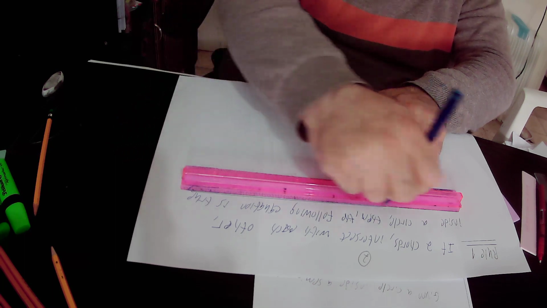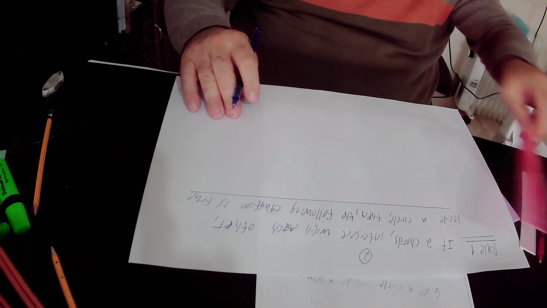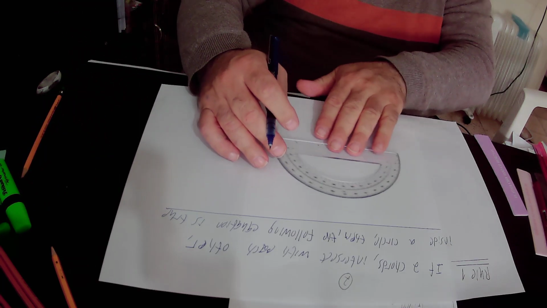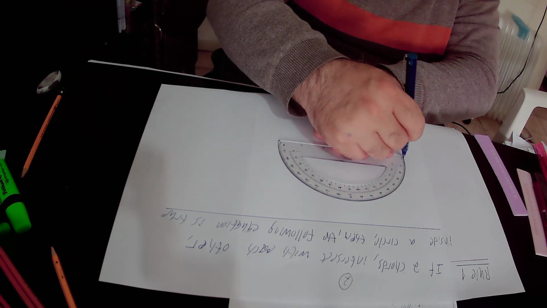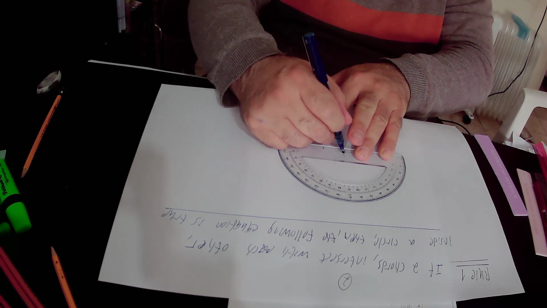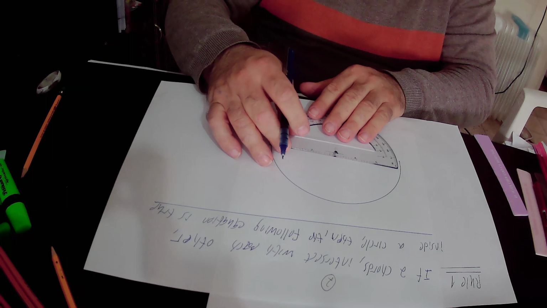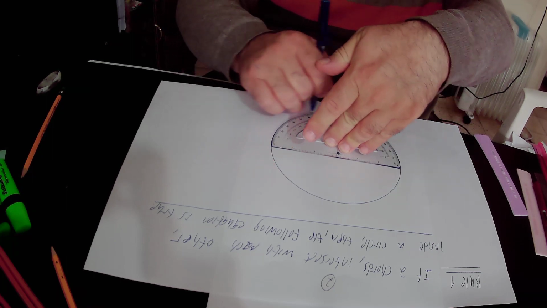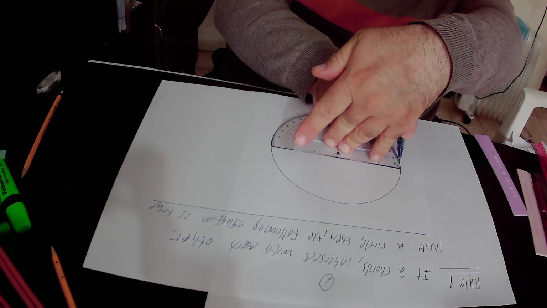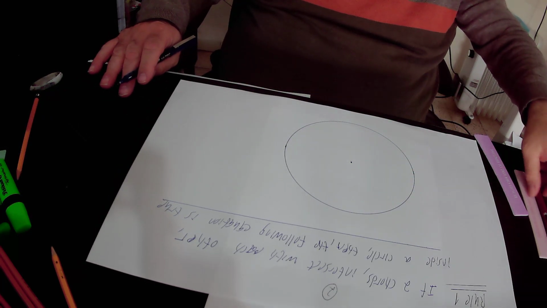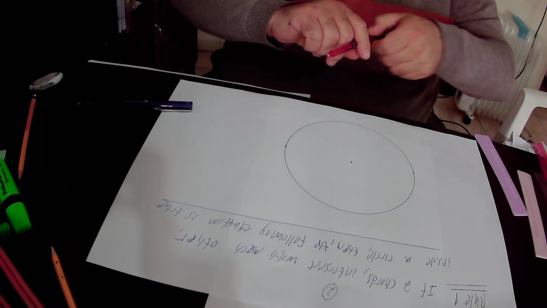Here we have a circle. Inside this circle we have two chords that intersect with each other.